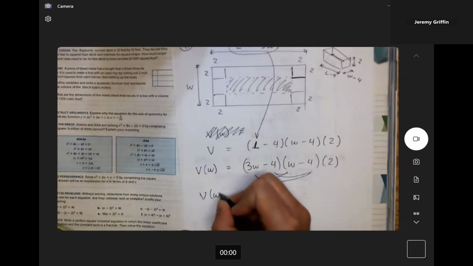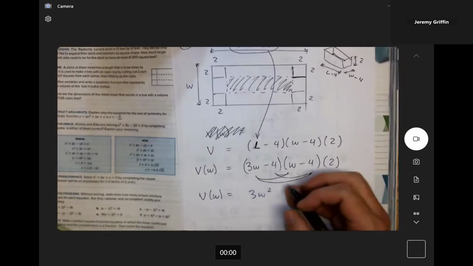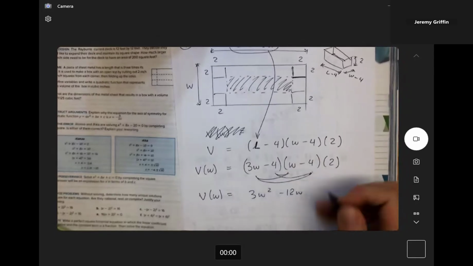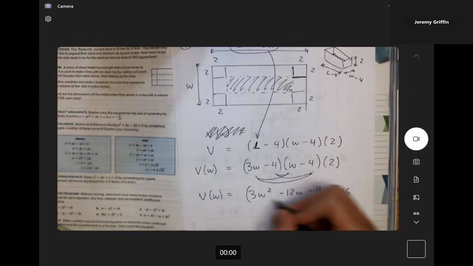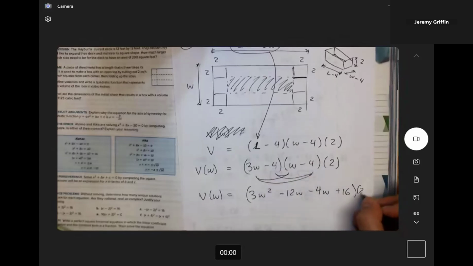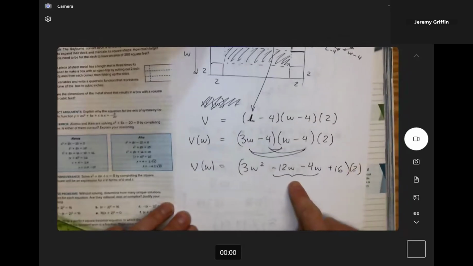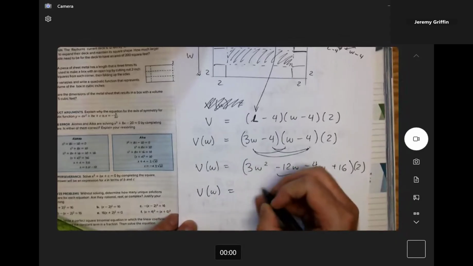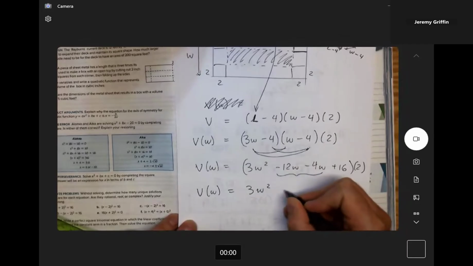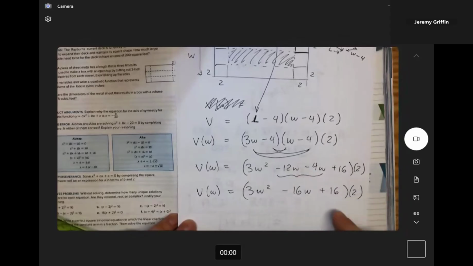So volume as a function of the width is 3W squared minus 12W minus 4W, and then plus 16, because 4 by 4, right? And the whole thing, I still got this 2 over here. I can combine this and make negative 16W. Volume as a function of width equals 3W squared minus 16W plus 16, and the whole thing is times 2.